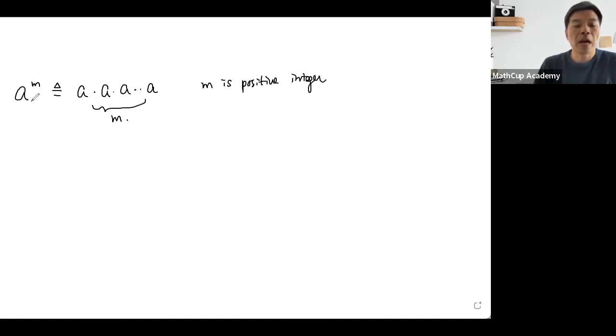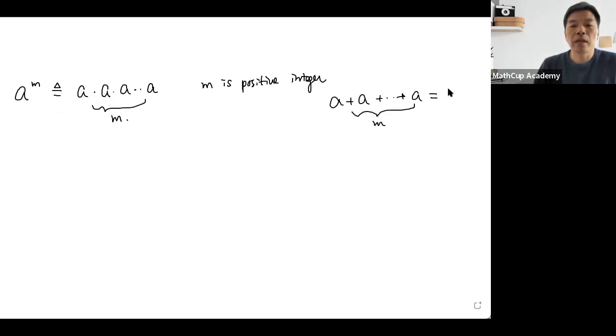So for power at the beginning, a to the power m is really a definition, a shorthand, a way for mathematicians to save time and save writing. This is very similar to the idea of multiplication. We know that we have a plus a plus a, m times, right? It's very cumbersome to write this way, and we define a multiplication.